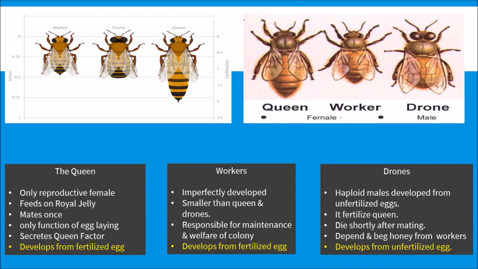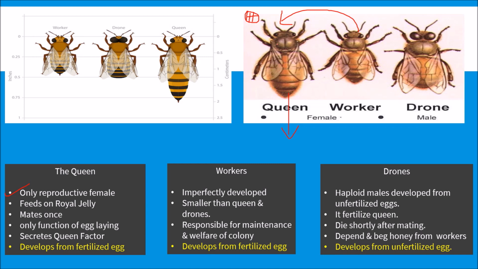Differentiating the three, we say that the queen is the only reproductive female. Second, she feeds on royal jelly, which is a very important substance that will be covered in subsequent slides. Royal jelly is prepared by workers, but it is fed to the queen only.